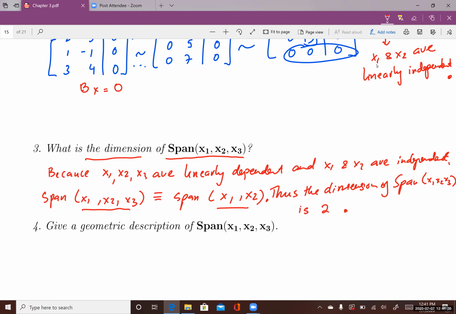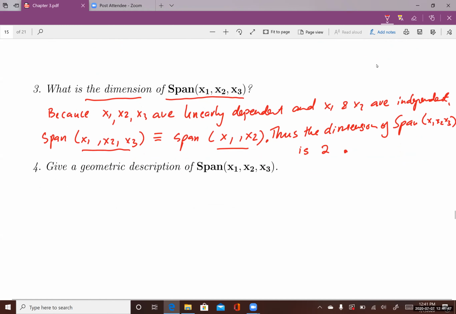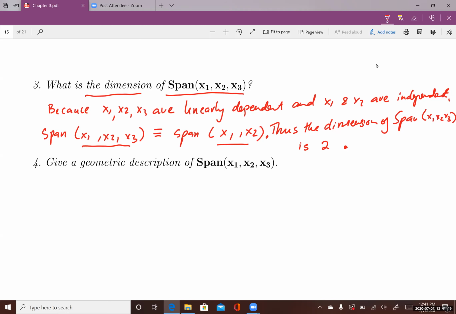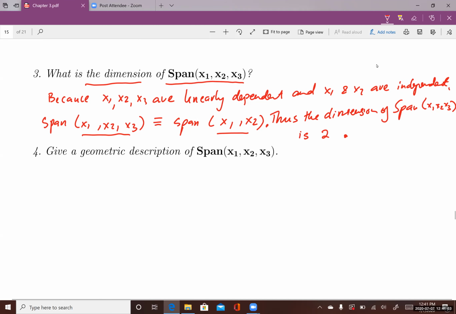Because you need at least 2 vectors, x1 and x2, to span this span of x1, x2, and x3. So then the next one is to give geometric descriptions of the span of x1, x2, and x3. So you have x1 and x2 and x3, and they are in R3, right?